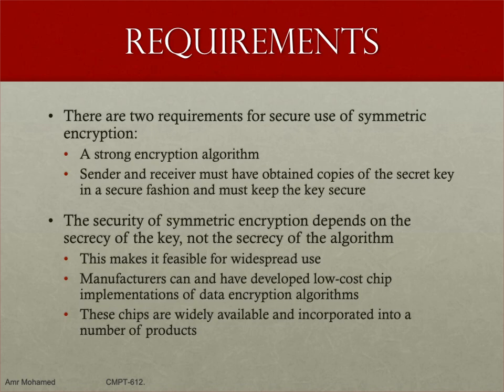We'll talk about this because right now it's a very abstract word. And the sender and the receiver must obtain copies of that secret key. That also involves, as we said, a key distribution or key exchange mechanism that's not in this picture. So here the assumption is that they already have the same key, and the encryption algorithm works based on this assumption.